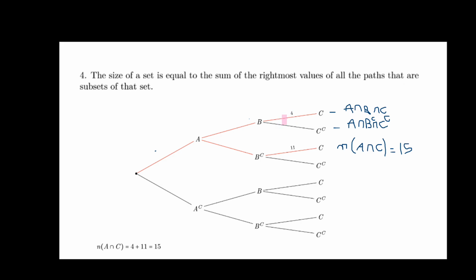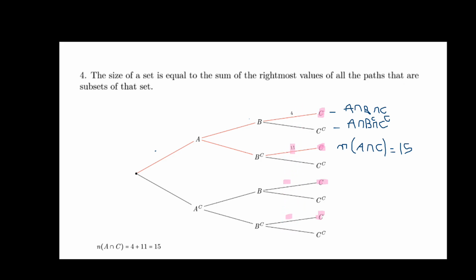What we're talking about here is, for example, let's take A, B, and then C, and A, B complement, and then C, right? I'm not referring to all of set C, because I have some C here that I don't know. If I want to know the size of set C, I should sum all these branches together.